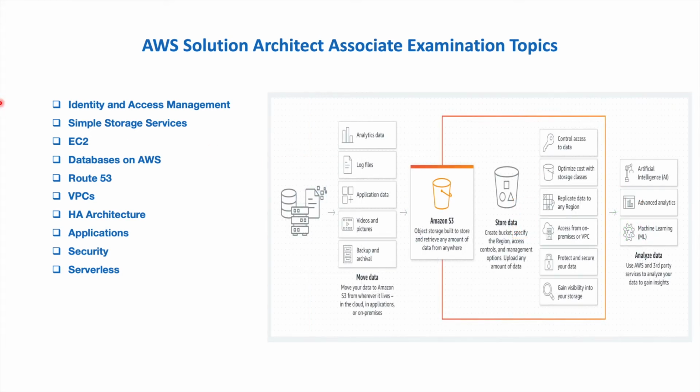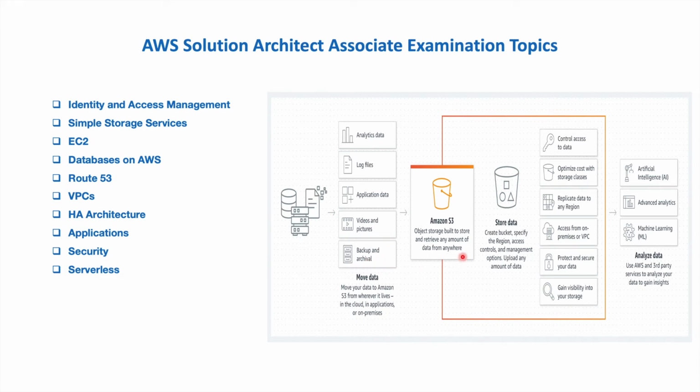Next is Simple Storage Service, popularly known as S3. S3 is a storage solution where we can store files in AWS. As you can see in the slide, there are different types of data like analytics data, log files, application data, videos, pictures, and backups and archival.